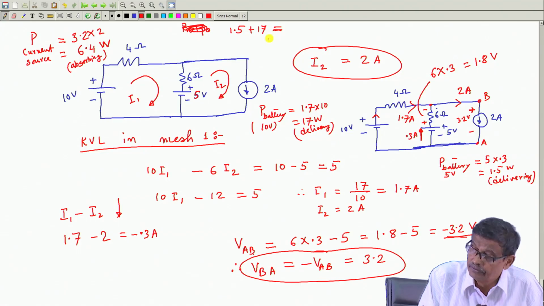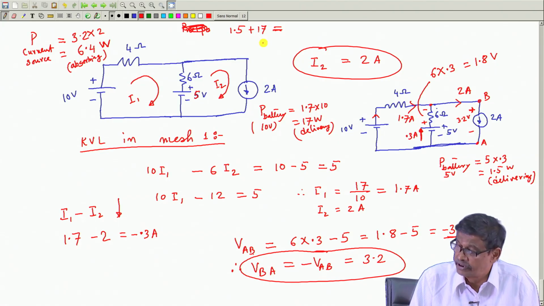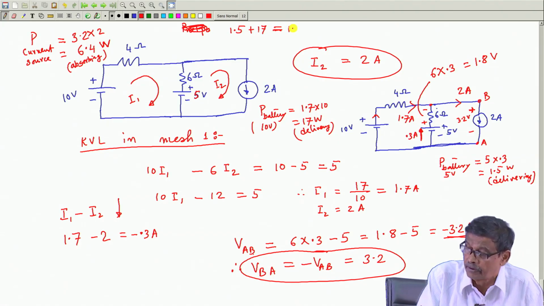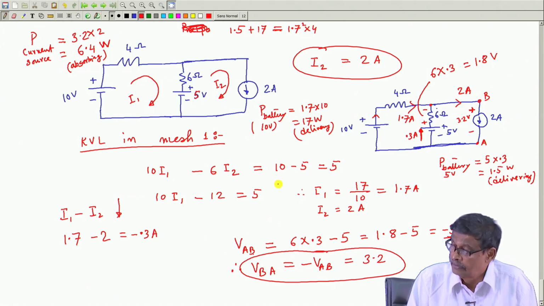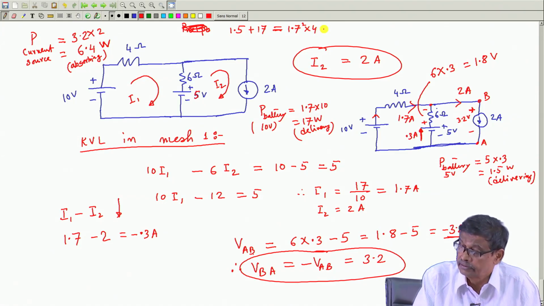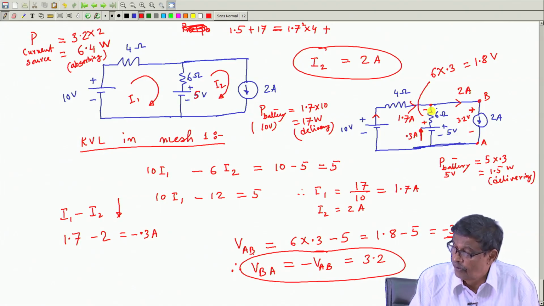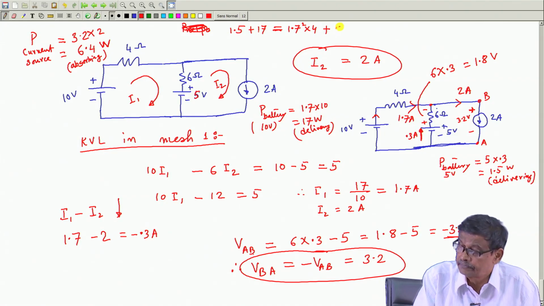So, who are the ones absorbing power? Resistances, of course, will always absorb power: 1.7 square into 4 plus 0.3 square into 6.